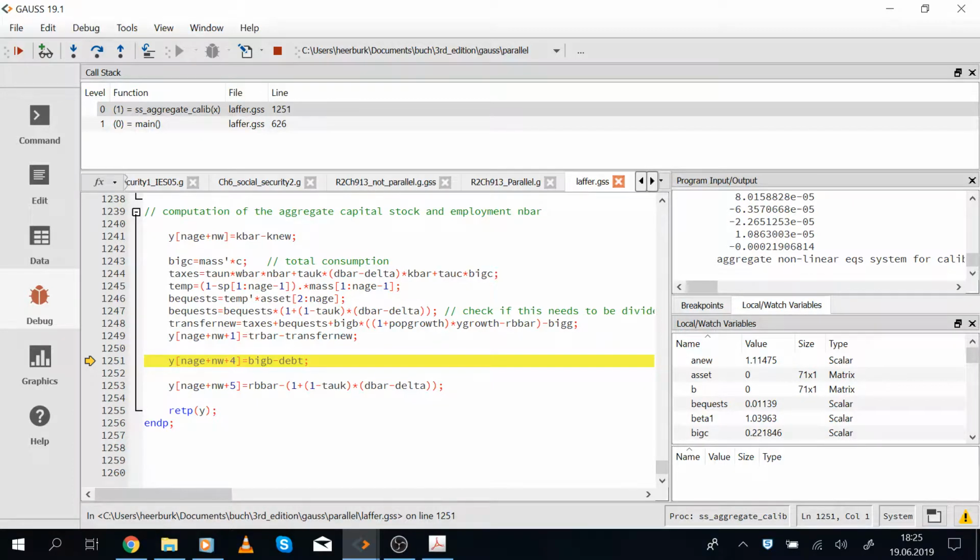Debt is equal to aggregate debt that is provided as our guess is equal to the debt which is equal to the sum of the individual debts accumulated by the households, and the final equation here, equation in line 1253, is our calibration of beta.